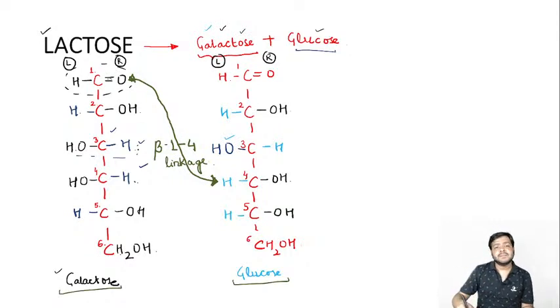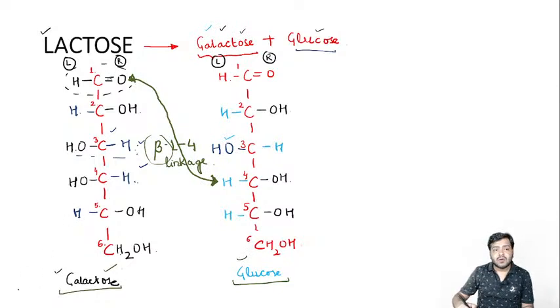Remember guys, why have I used the term beta? Because we have two different structures over here. If I had taken both glucose, then it would have been alpha. But right now it is beta because these are two different compounds.